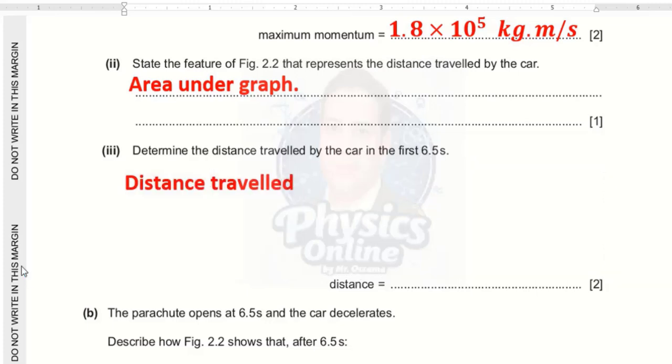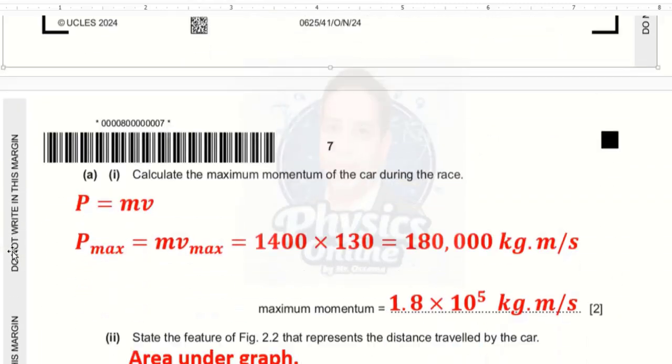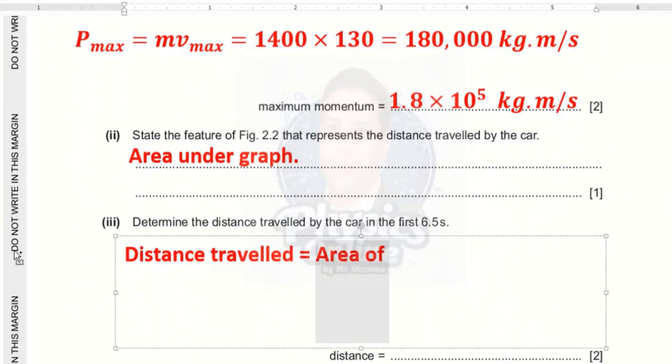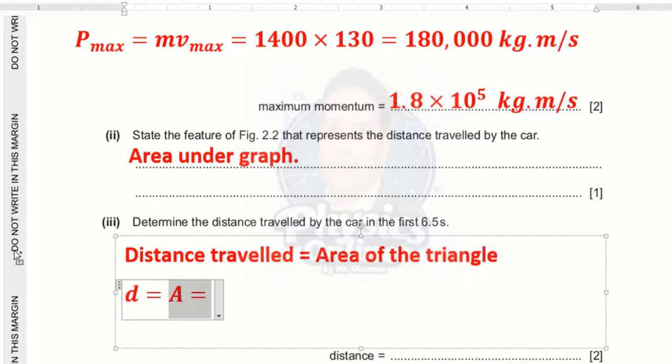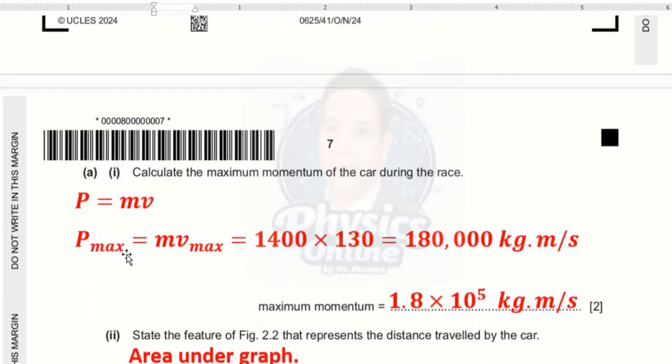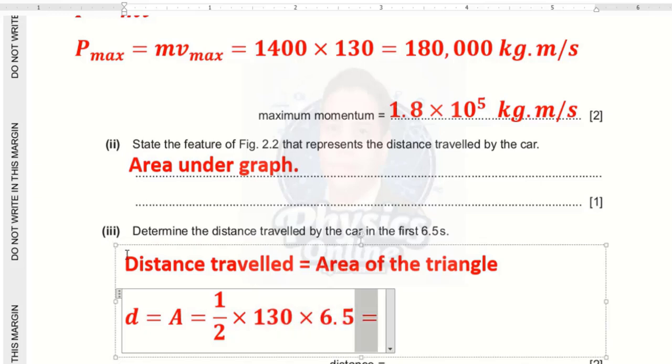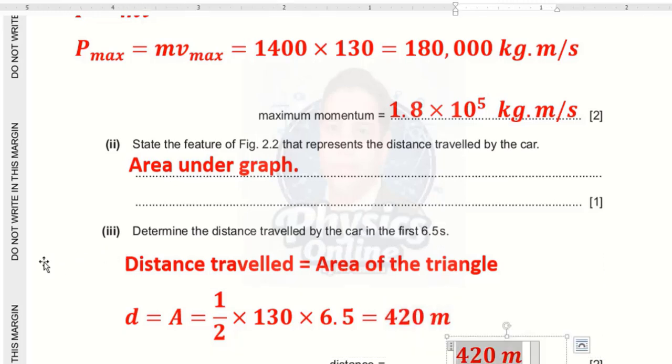So distance equals the area of the triangle, which equals half times the base 6.5 times the height 130, equals 420 meters.